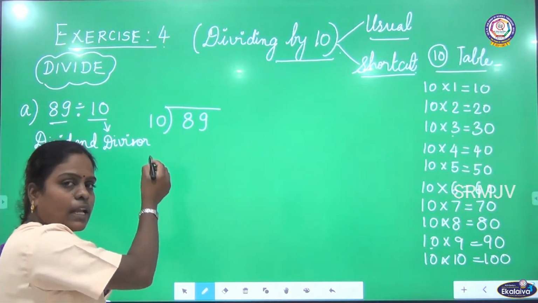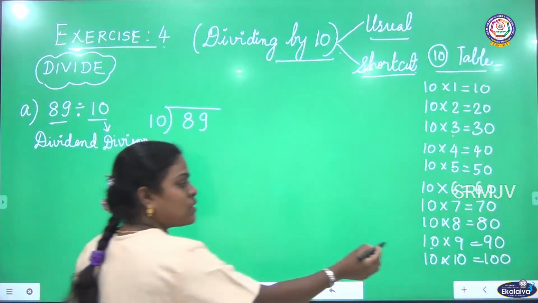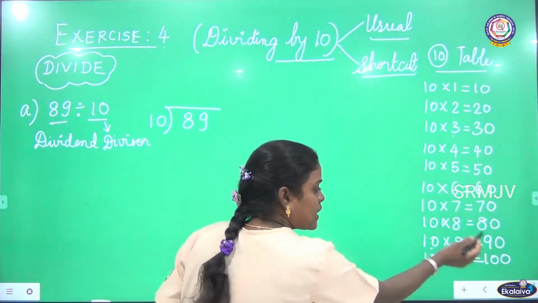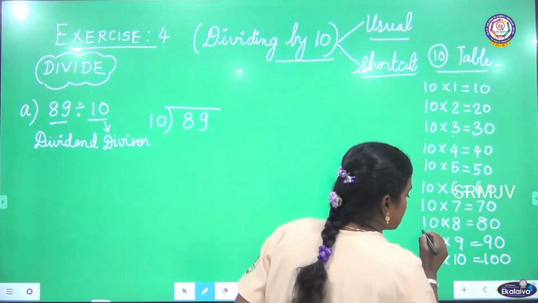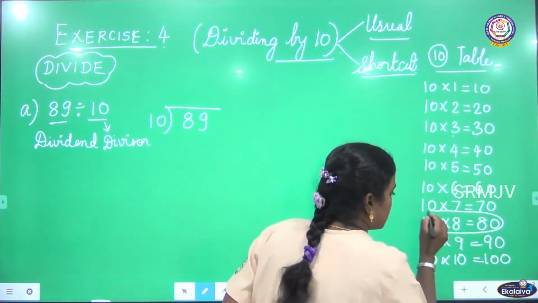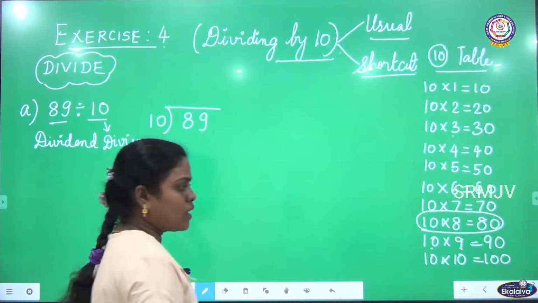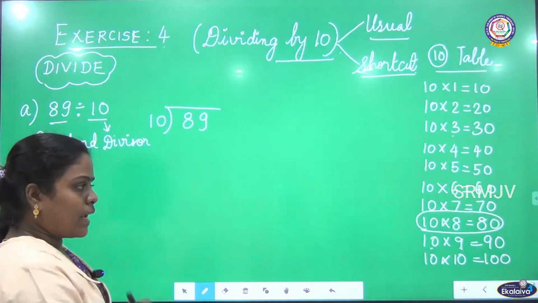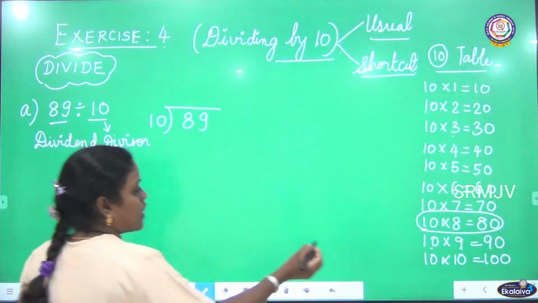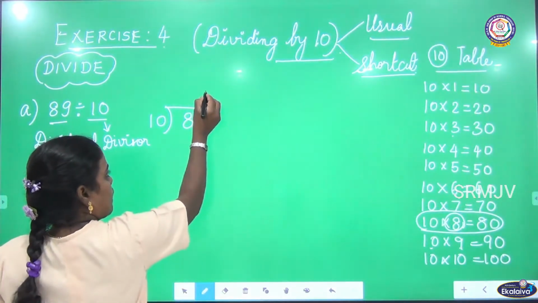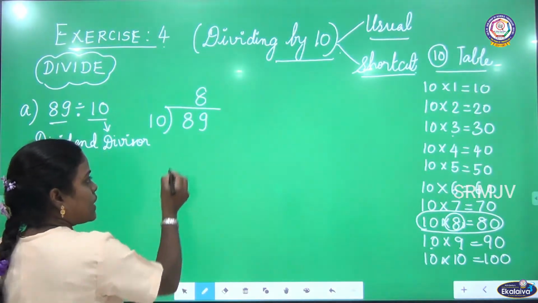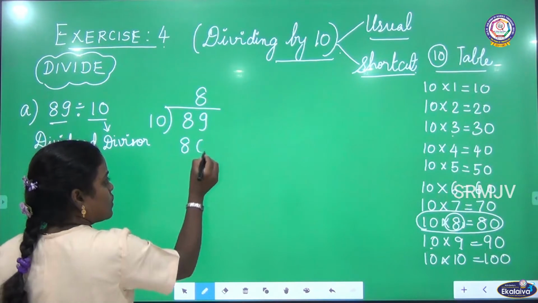Here we have only 89, but in the 9th time we are getting 90. So we have to take the previous one, that is 8th time. 10 eights are 80. So we are going to write 8 in the quotient, 80 below the number.